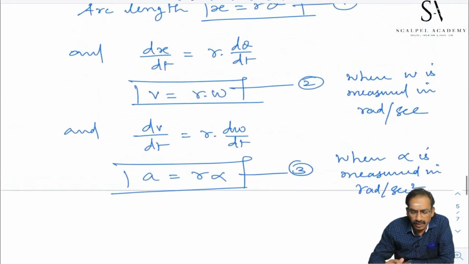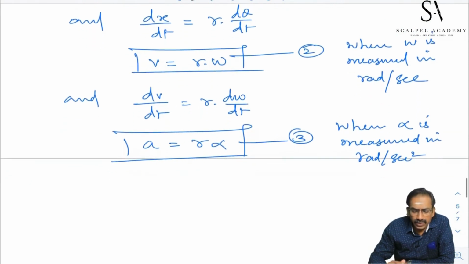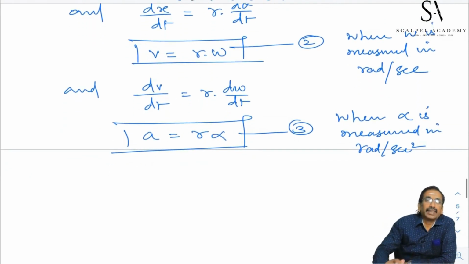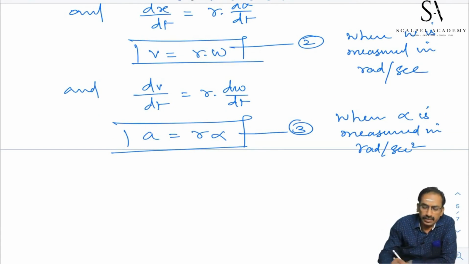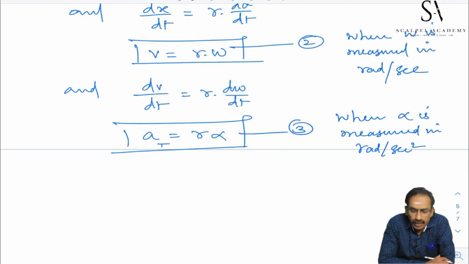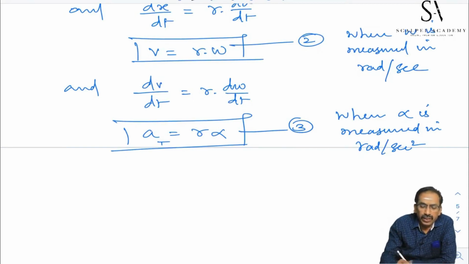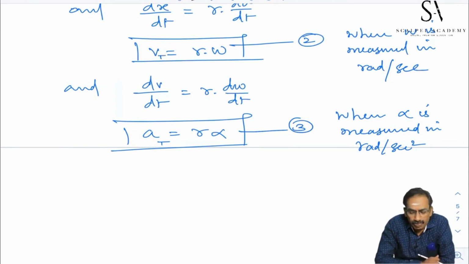Student, this a is called linear acceleration, also called tangential acceleration, along the tangent direction. Here v is called linear velocity, it is in the direction of the tangent, so it is tangential velocity, Vt.